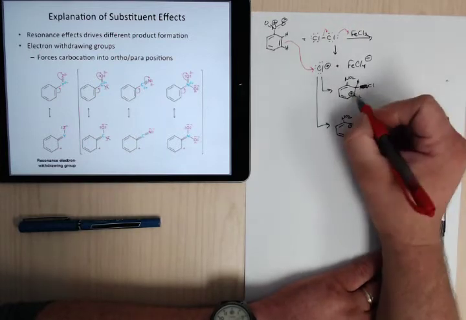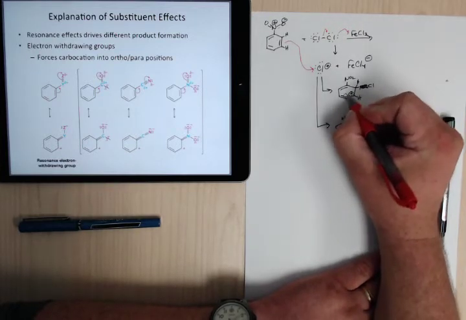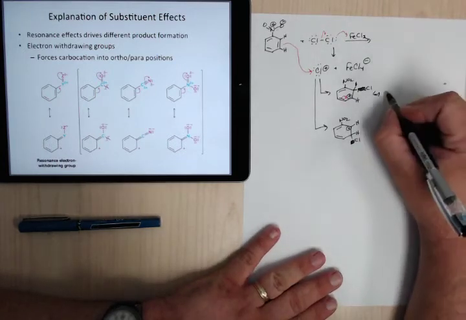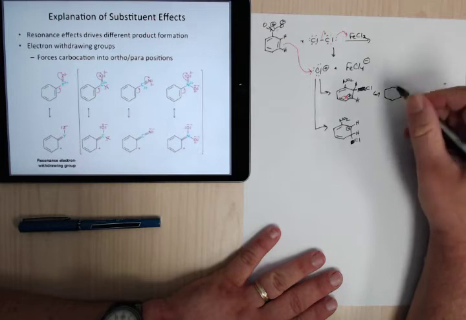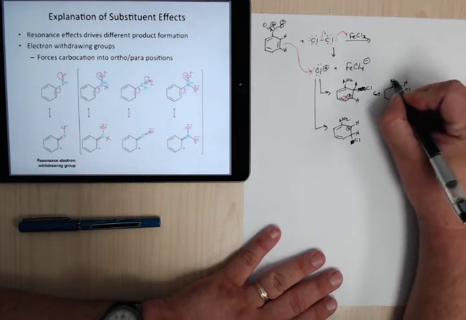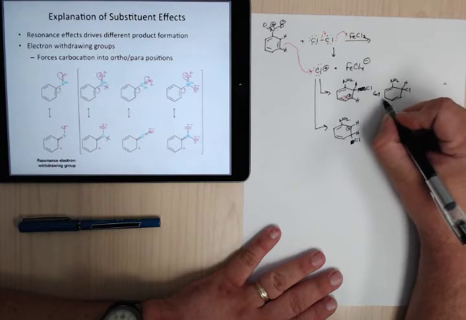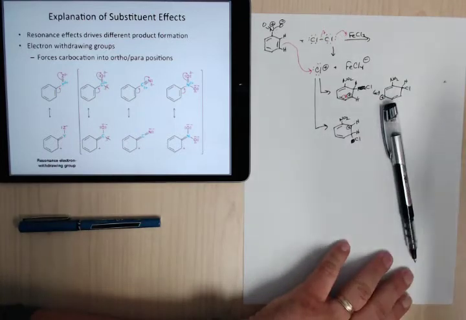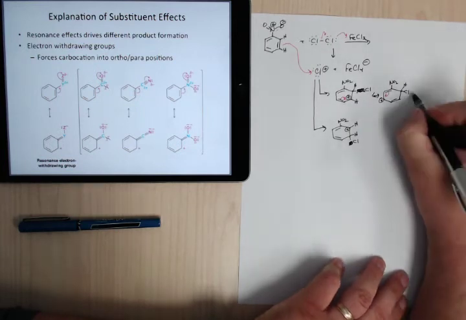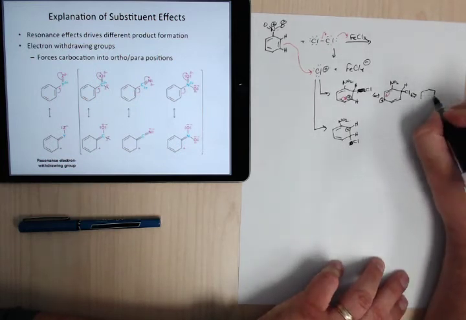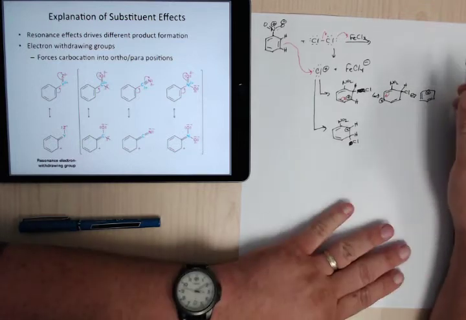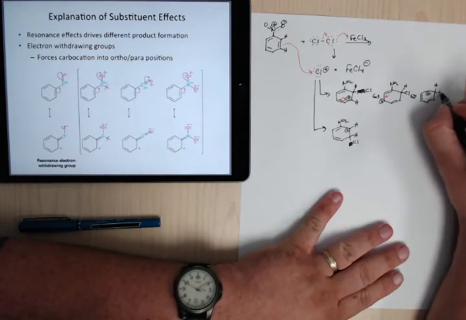Again, we're going to do resonance structures. So here, there, Cl, not too bad. We do another resonance structure, which puts the positive charge there, and so hydrogen.